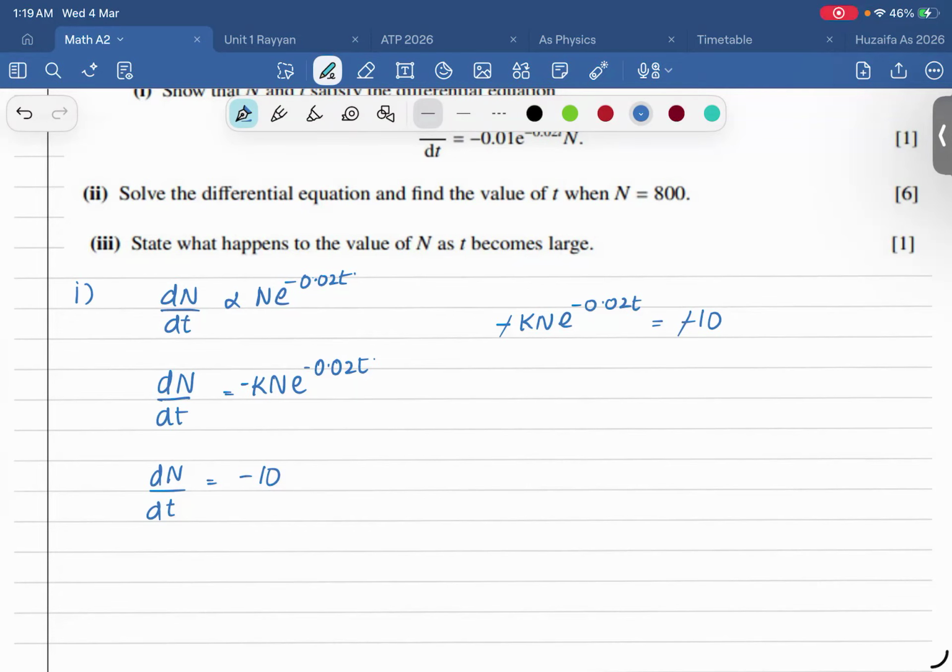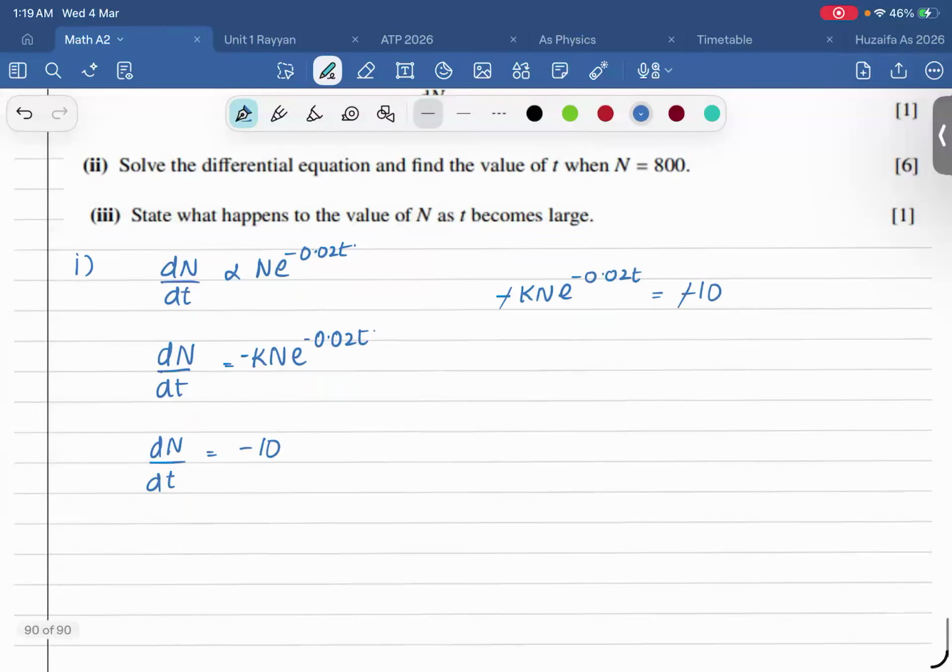That would give you 1. And k would then be 0.01, right?